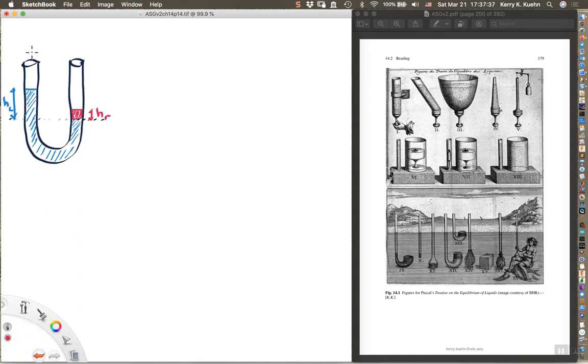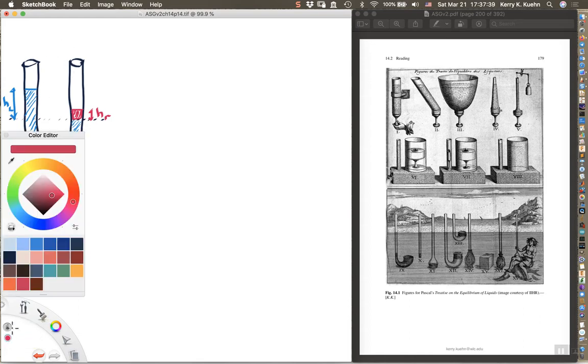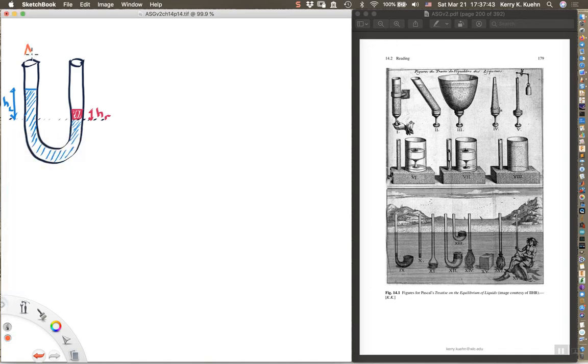Well, let's suppose, I'm just going to use an orange color here to do my calculations. The area on the left-hand side, let's suppose, is equal to the area on the right-hand side. This is because this is a constant diameter tube.